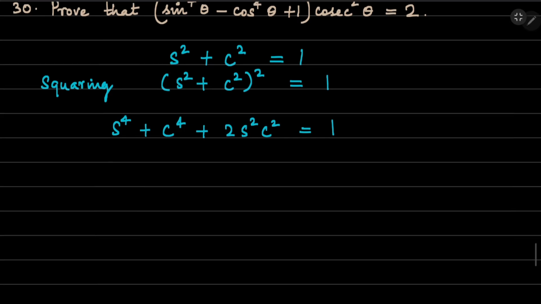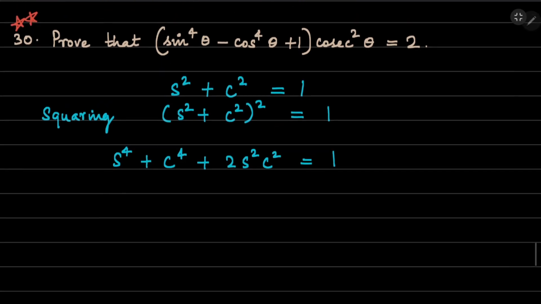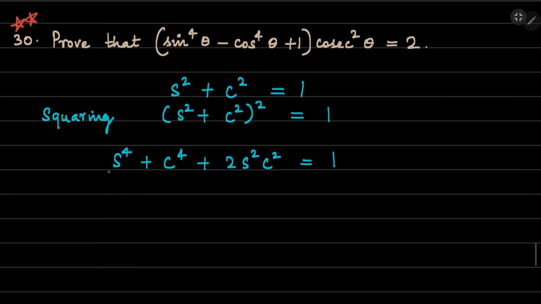Right? We need this. So here we can write cos square as 1 minus sine square. So sine to the power 4 plus cos to the power 4 plus 2 sine square into 1 minus sine square is equal to 1.